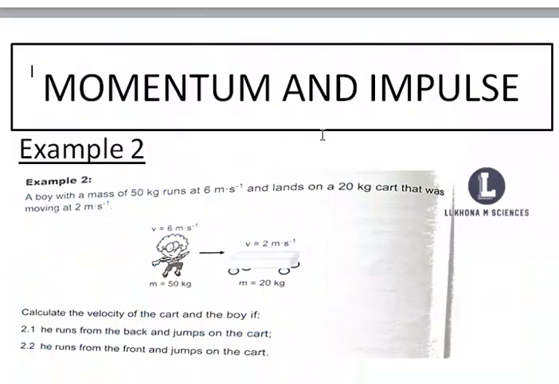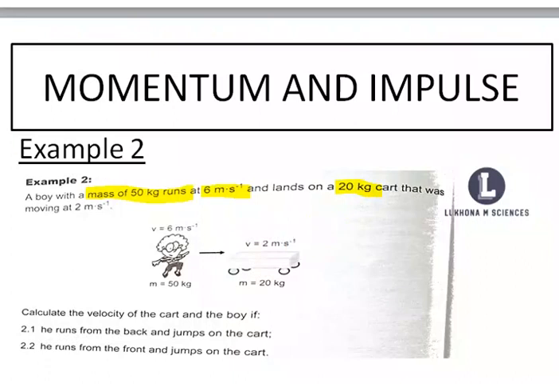Example number 2, a boy with a mass of 50 kg runs at 6 meters per second and lands on a 20 kg cat that was moving at 2 meters per second.